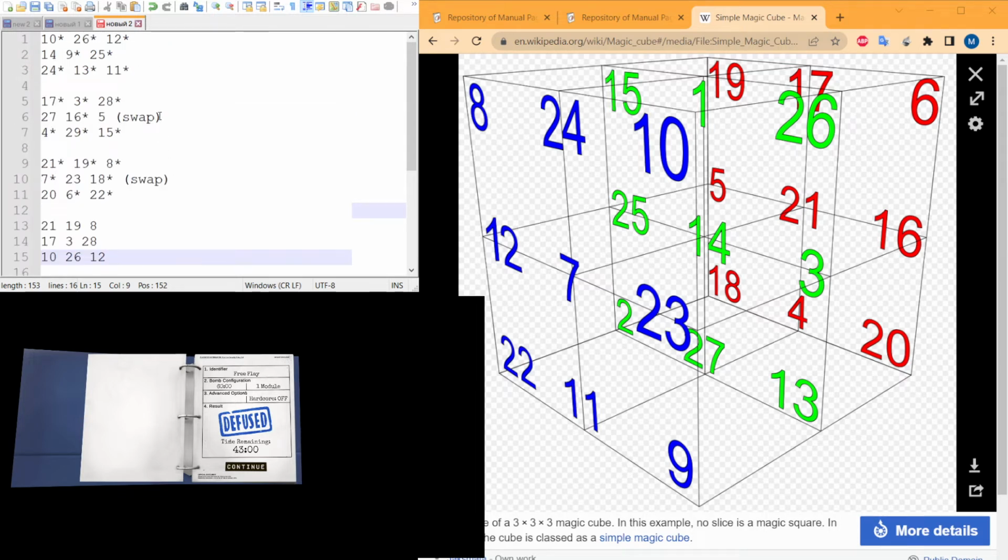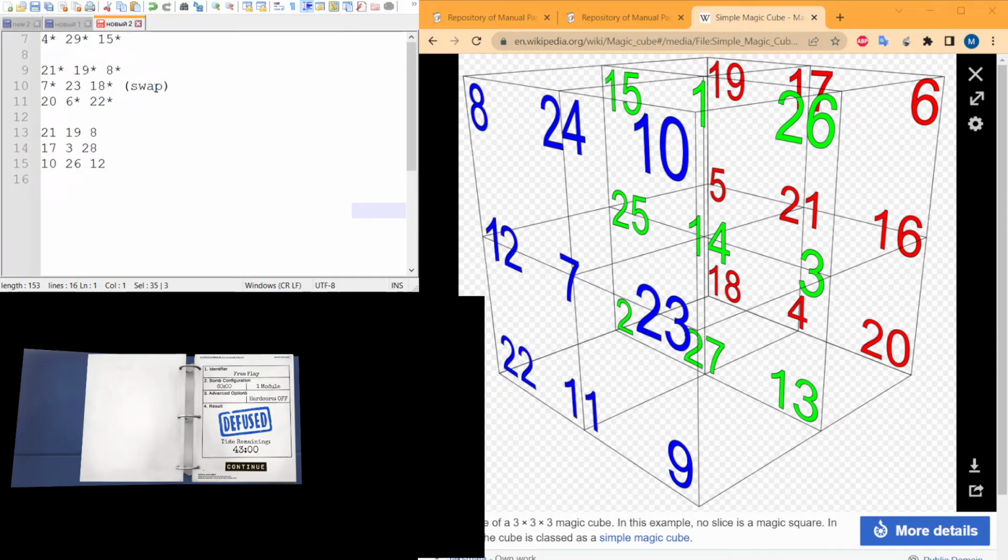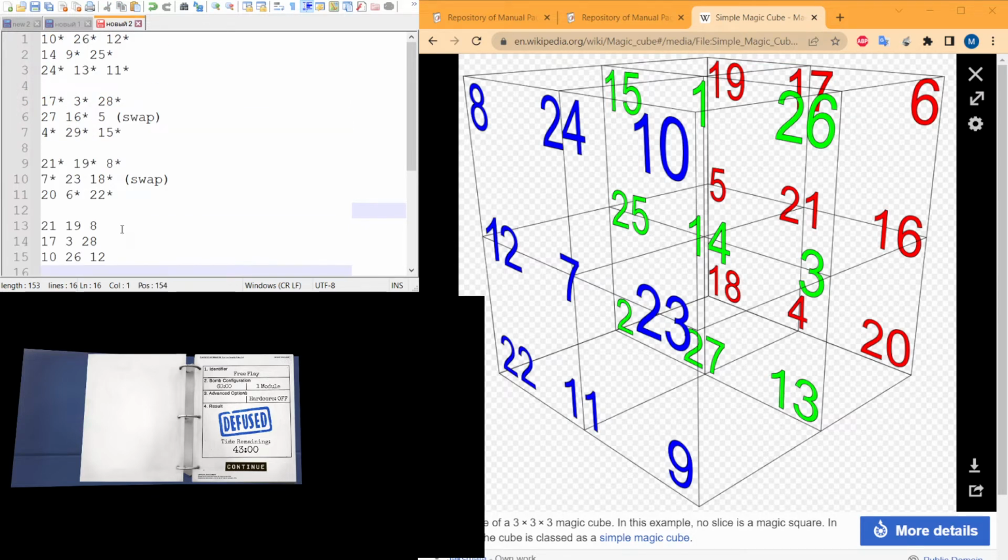And depending on which square is odd one out, so in this case it's the front square, which is the bottom row, you will need to swap any two numbers in the middle row, any two numbers in the top row, and don't swap anything in the bottom row.